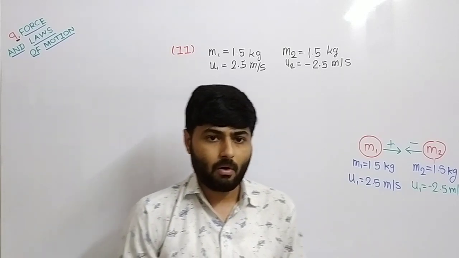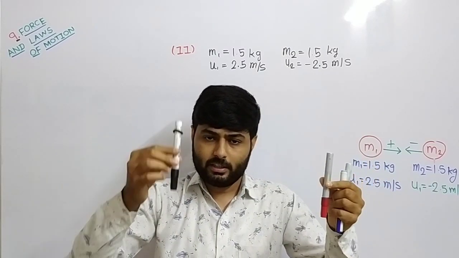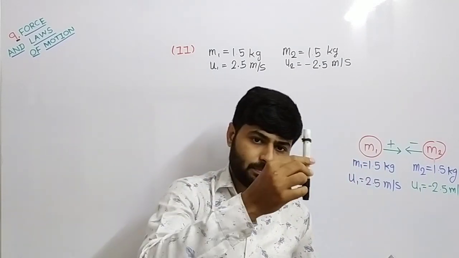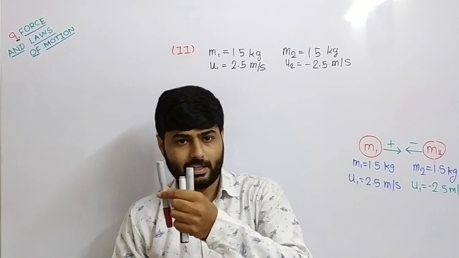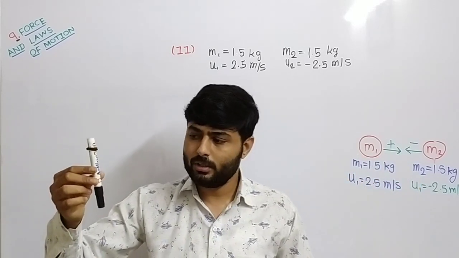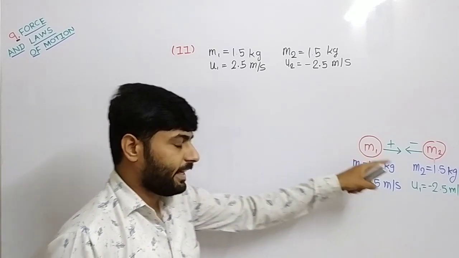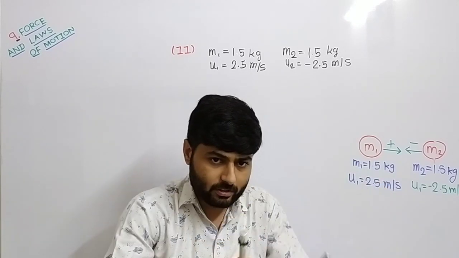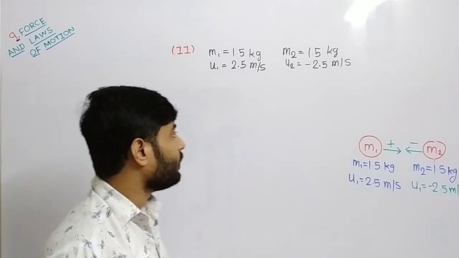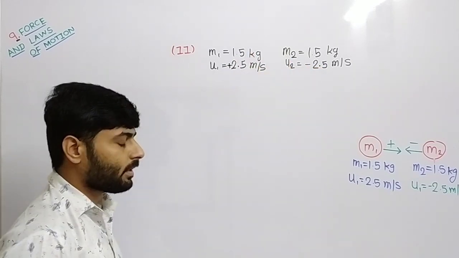Because both objects are moving in opposite directions. If I consider this as positive, I have to consider this as negative, or either way. So remember the point: if objects are moving toward each other, we have to take one as positive and one as negative.